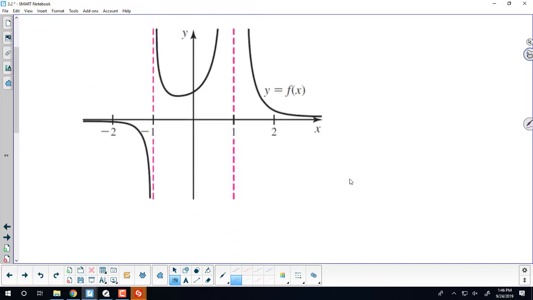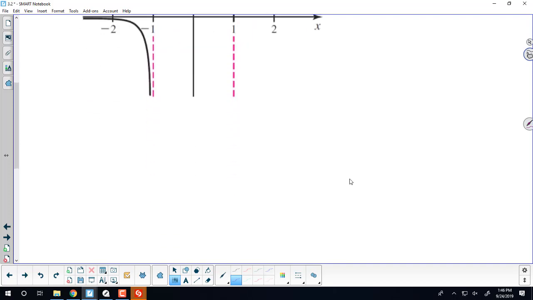All right, so I'm gonna let y'all try this one. We'll get started by saying, though, that this function has vertical asymptotes at 1 and -1.